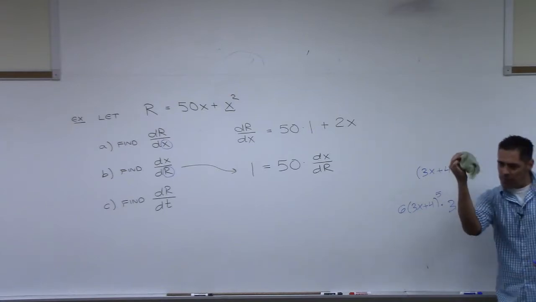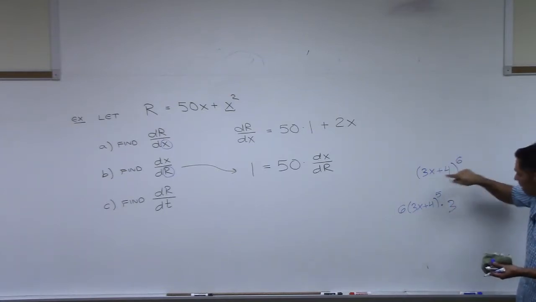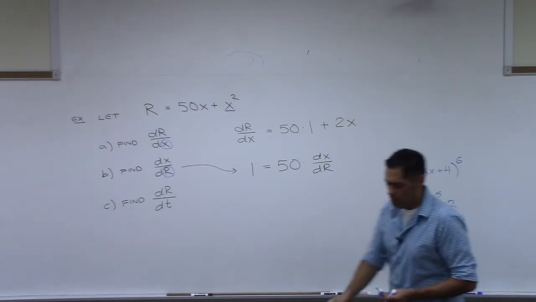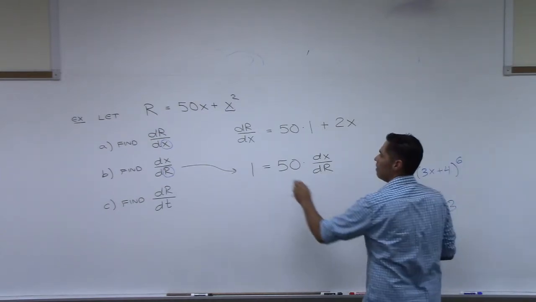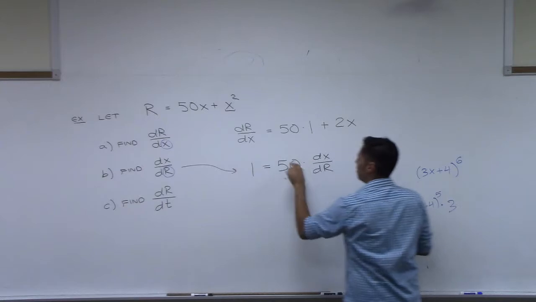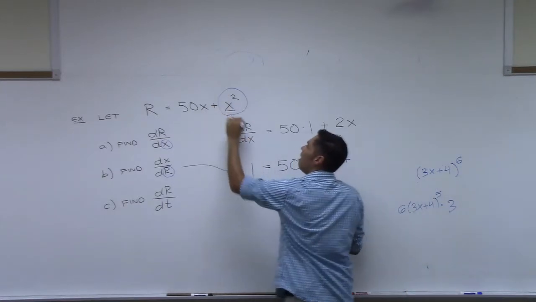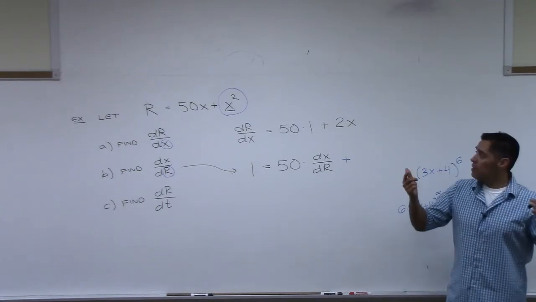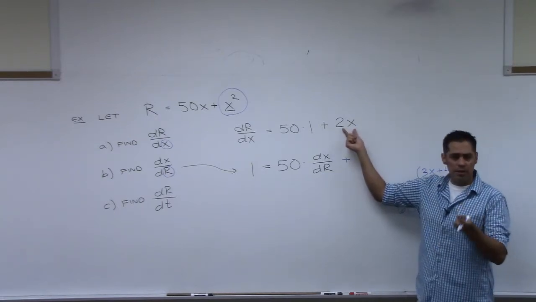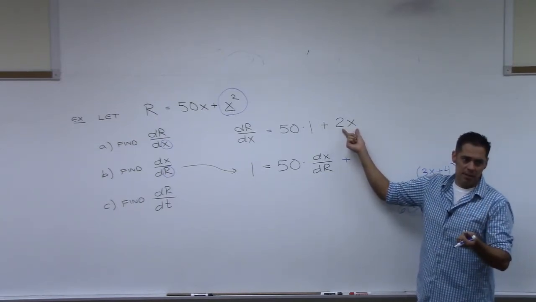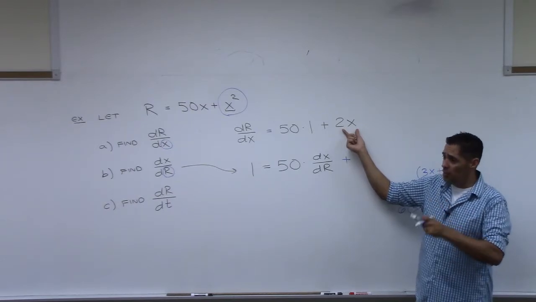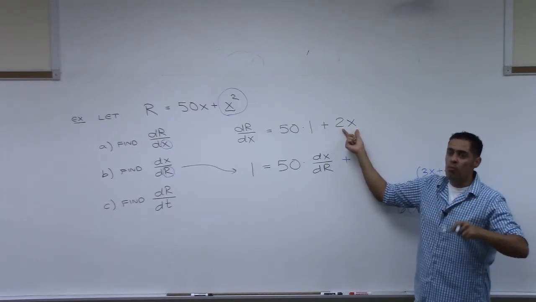The derivative of that dirty, nasty cloth. So you always have to go back in and take the derivative of the inside. Okay, so right here, I've got 50 and then the x, we got that, then plus. Now I'm coming to take the derivative of x squared, which should be 2x if we're differentiating with respect to x. But because we're not differentiating with respect to x, it's more than just 2x.